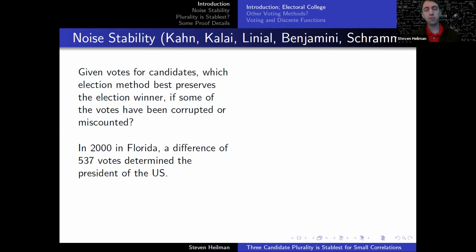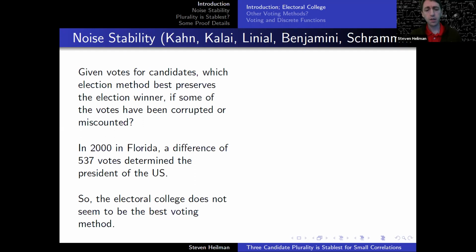If we remember, in 2000 in Florida, there were something like 537 votes that determined who the president of the US was. So it's fairly likely that a small number of votes affects the outcome of the election. Our method for choosing the president, the Electoral College, does not seem to be the best at preserving the election's outcome if some of the votes get messed up.